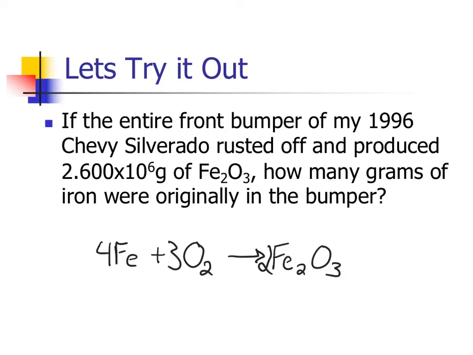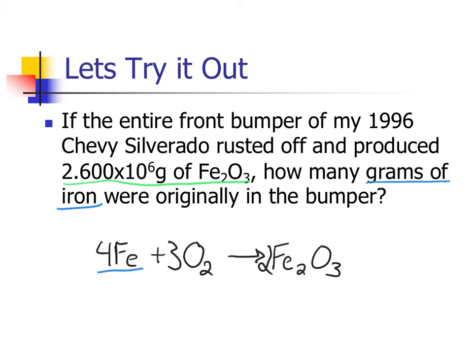The next thing we should probably do is identify our givens and our wants. We are given grams, or a mass, of iron 3 oxide. We want to find grams of iron.